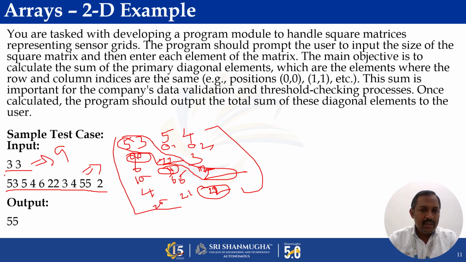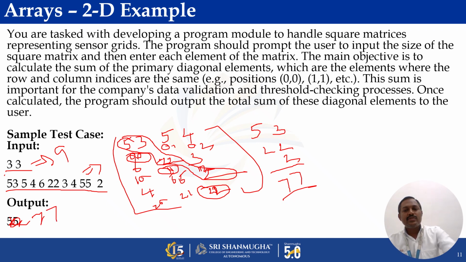So what are we going to get? 53 plus 22 plus 2, totally 77. Actually, 77 should be the output.